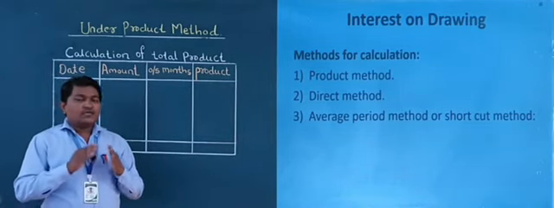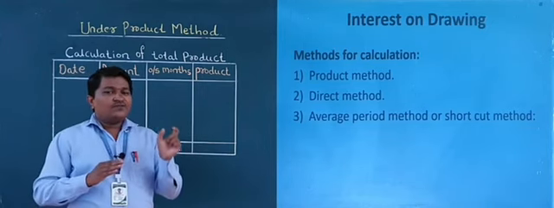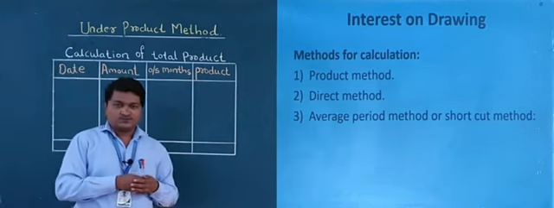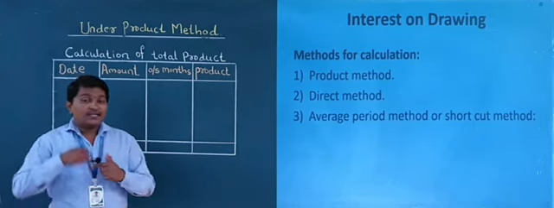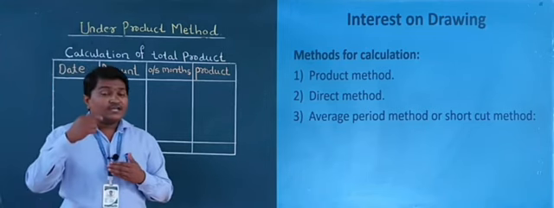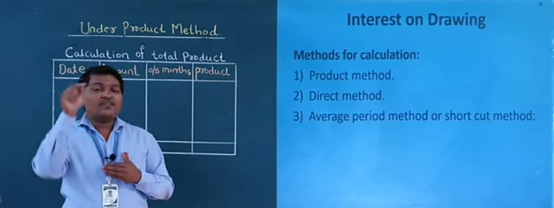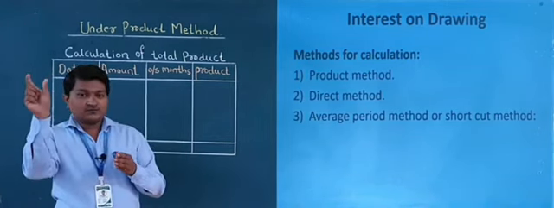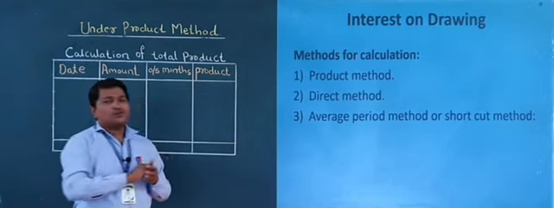Suppose A, B, C are partners and A withdrew rupees 10,000 from the business for his personal use. He used that amount for 6 months and later returned it to the firm. But while returning, he has to pay a certain amount on that 10,000, and that certain amount is nothing but interest on drawing.